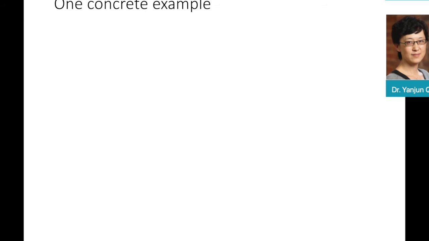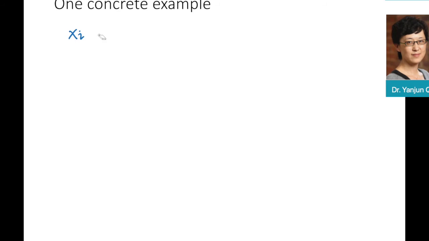So I want to make this concrete. Let me do a concrete example, just to make it complete. There are 4 minutes, so I think I should be able to finish that. But because I have only 4 minutes, I will only have 2 samples, xi, yi.